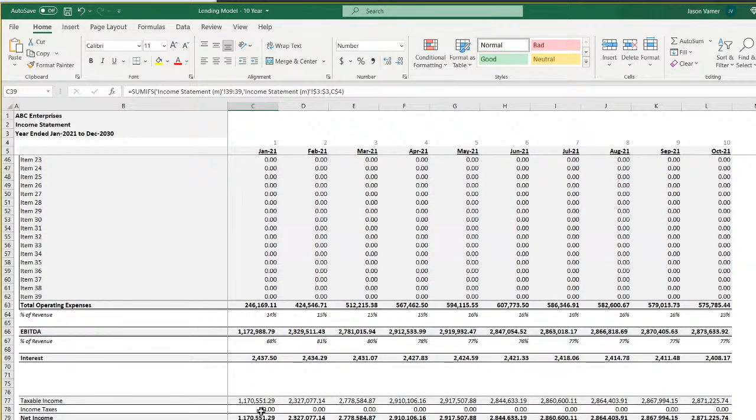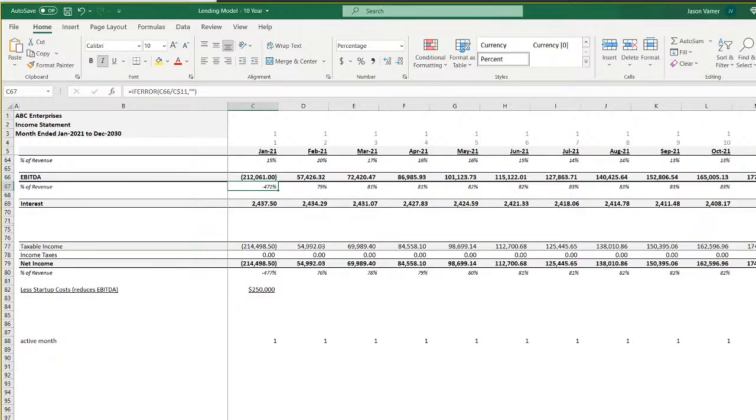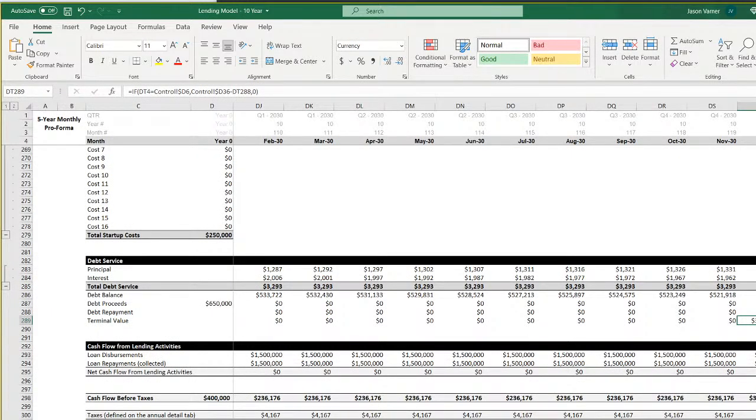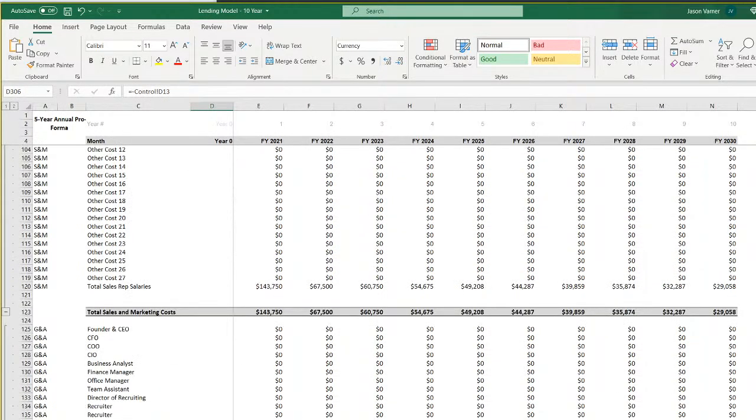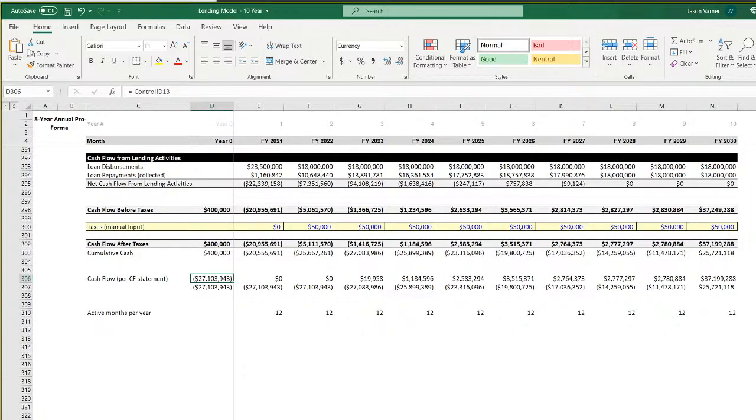So for taxes, monthly detail. Okay, so I did automatically do taxes based on the annual detail, which is manually input.